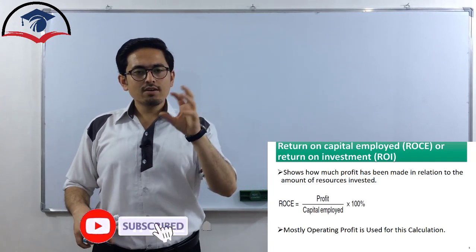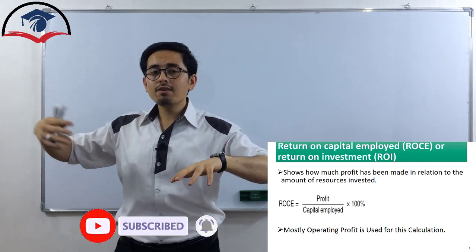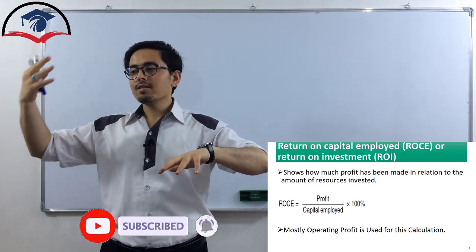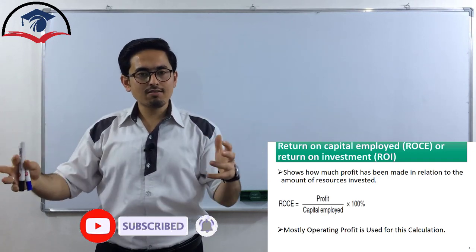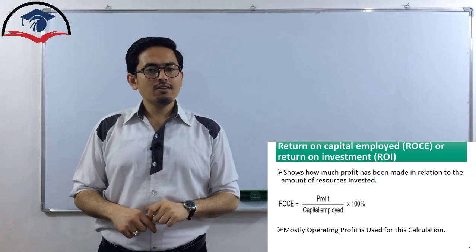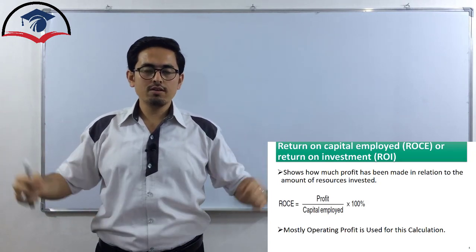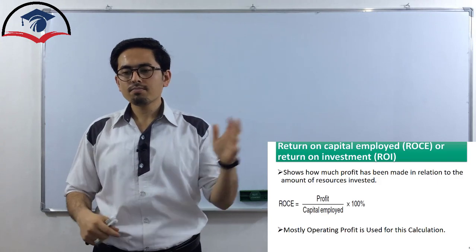Whatever you use, divide that by capital employed, and you can compare it with the cost of capital or with competitors in the industry. But mostly, as I said, PBIT or PBT is used very broadly for such calculations.